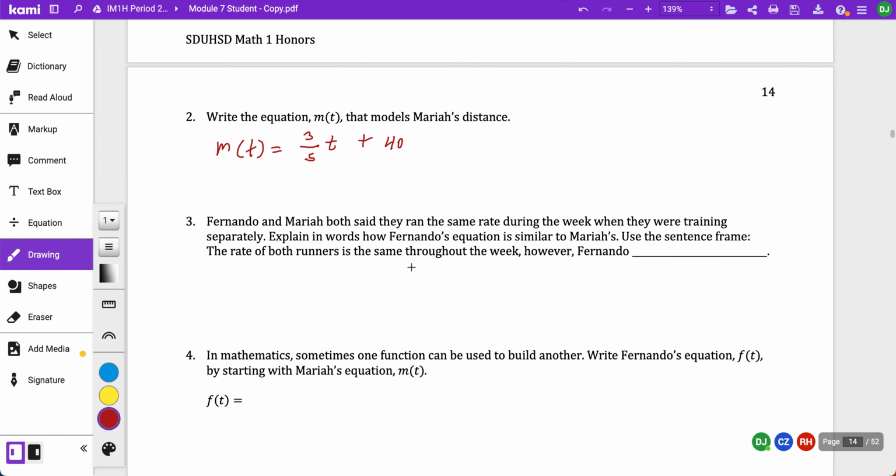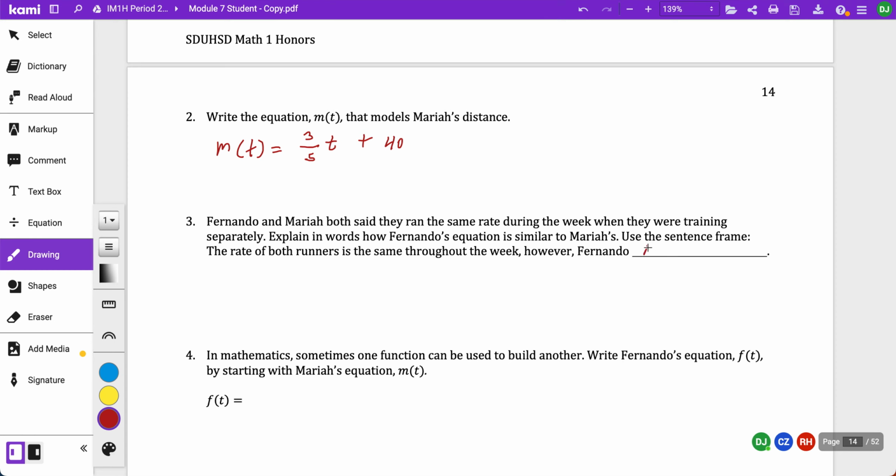Then Fernando and Mariah both said they ran at the same rate during the week. They are training separately. Explain in words how Fernando's equation is similar to Mariah's. Use the sentence frame: the rate of both runners is the same throughout the week. However, Fernando ran more. He ran 60 laps.